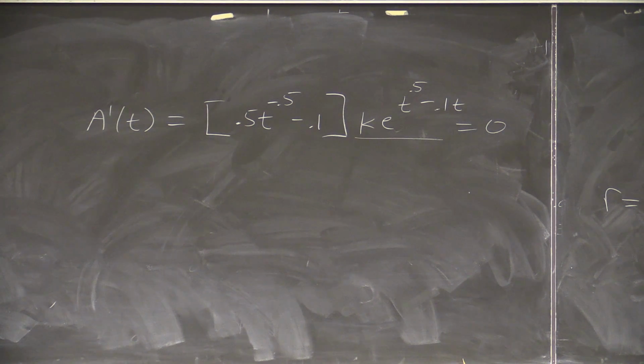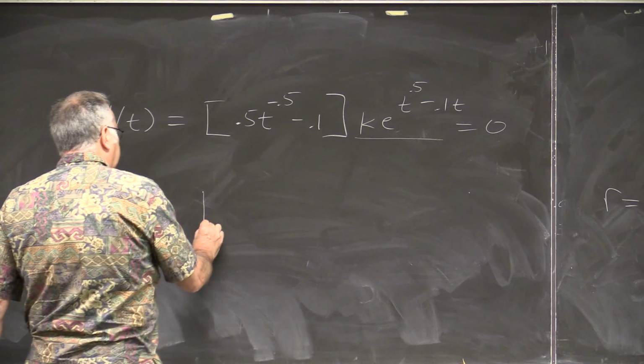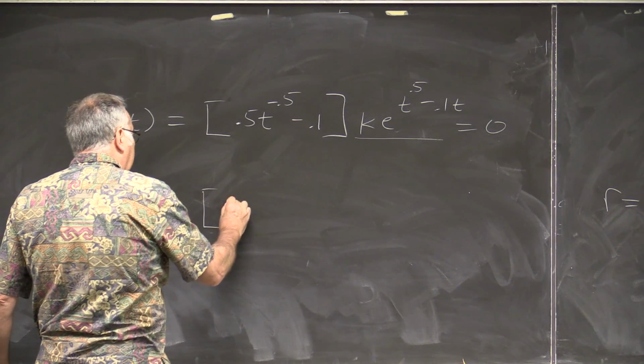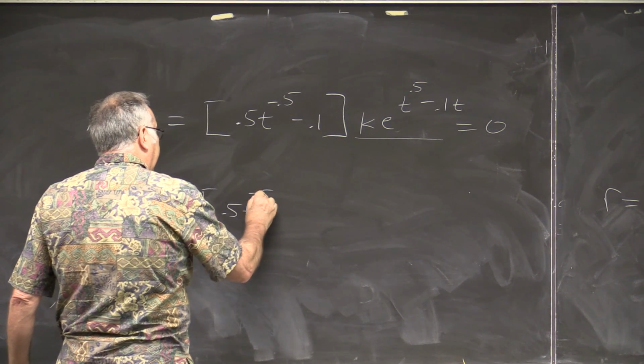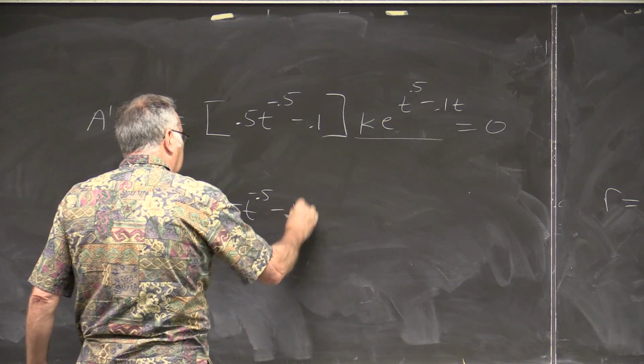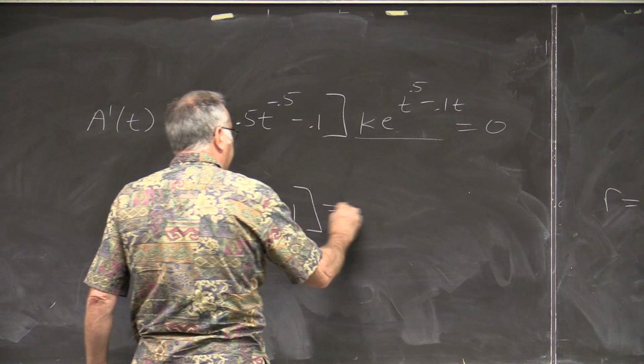So in order for this to be 0, what must be true? 0.5 t to the negative 0.5 minus 0.1 must equal 0. Yes. In order to solve this condition, you need 0.5 times t to the minus 0.5 minus 0.1 to be equal to 0.